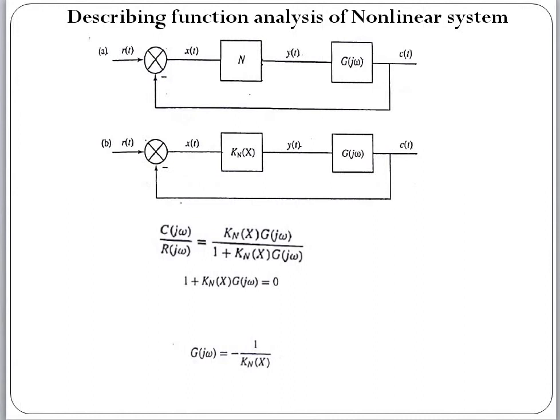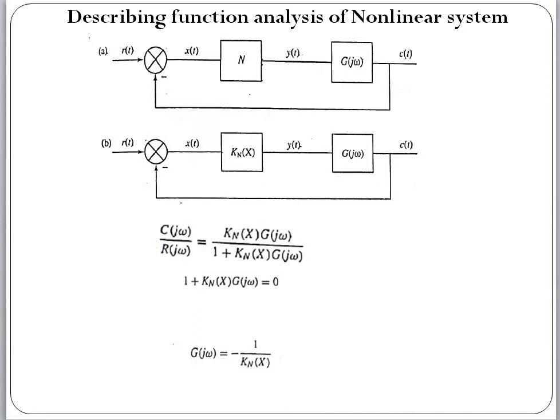The describing functions of nonlinear elements can be used for stability analysis of nonlinear control systems, and they are also used to predict sustained oscillations or limit cycles. We know limit cycles are a nonlinear characteristic, only present in a nonlinear system.